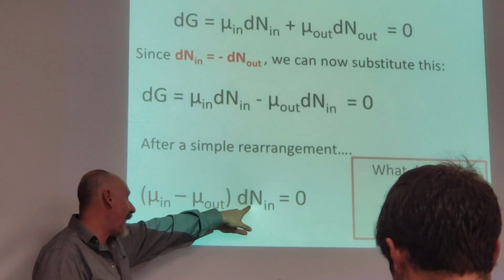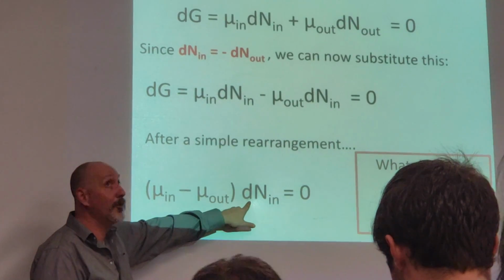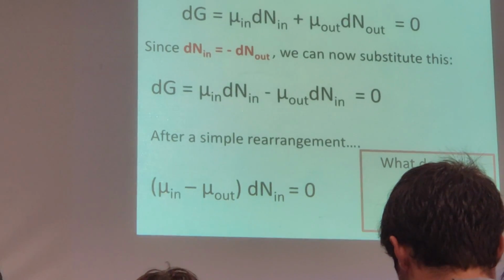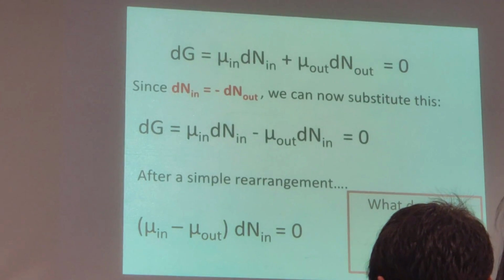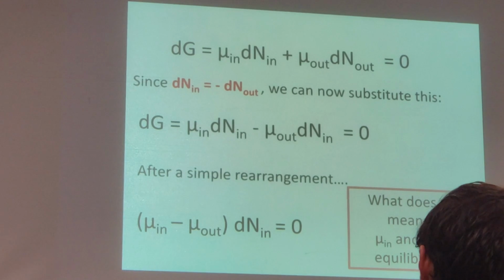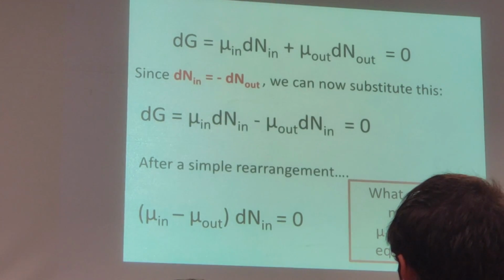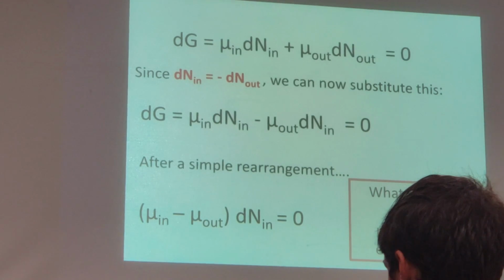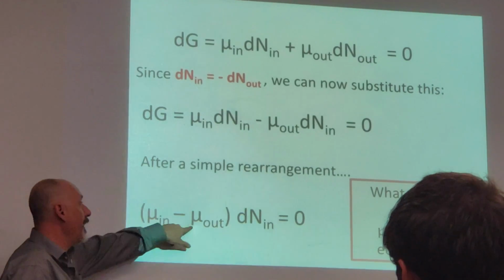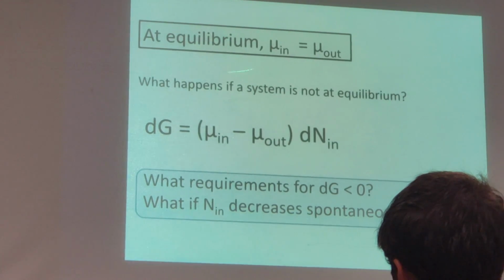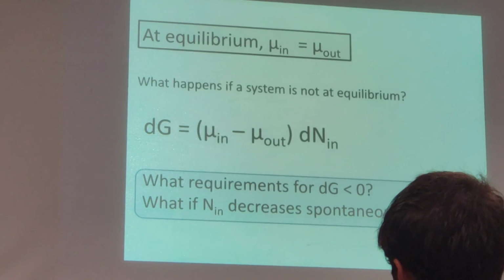This has to be a non-zero number, since I have real movement, let's assume. So these should be equal to each other in order for that whole thing to be set to 0. That's the beauty of this mathematical rearrangement, because it tells us something about the chemical potentials. At equilibrium, mu in is equal to mu out.